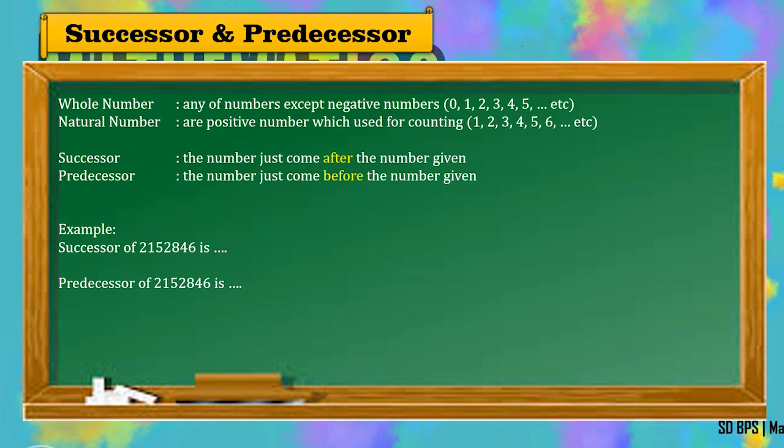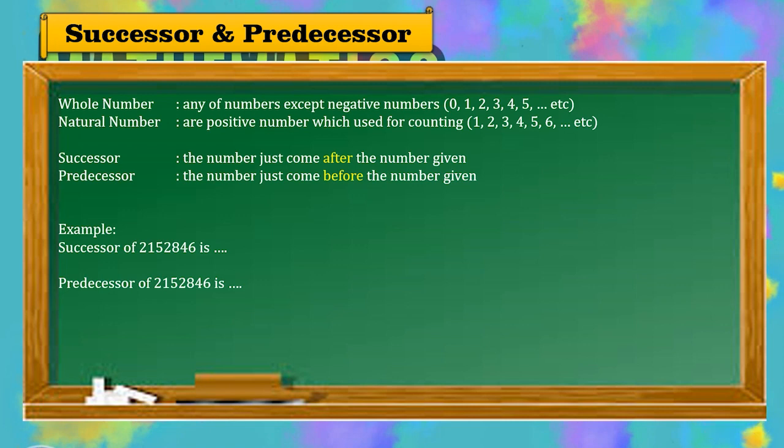Whole numbers are any numbers except negative numbers, start from 0, 1, 2, 3, 4, 5, and so on. And natural numbers are positive numbers which are used for counting, start from 1 and so on. You already know the difference: whole number start from 0 and natural number start from 1.